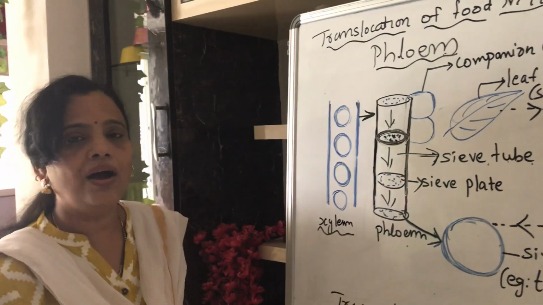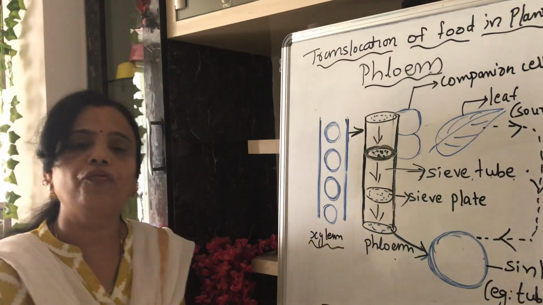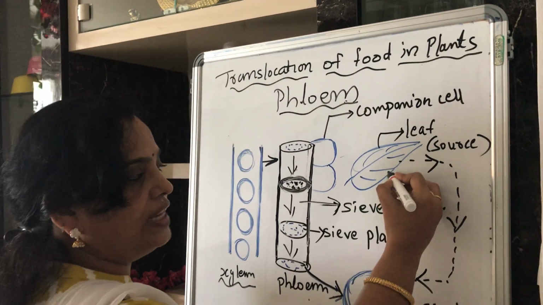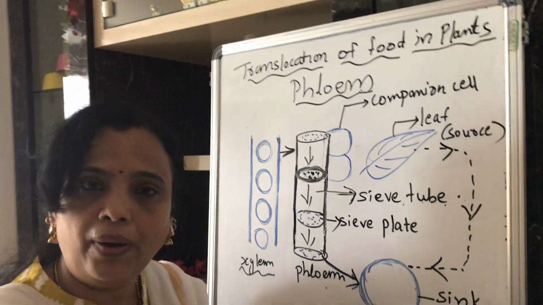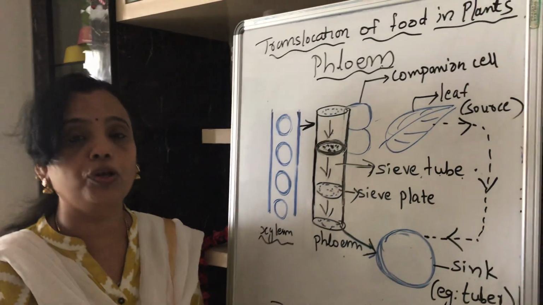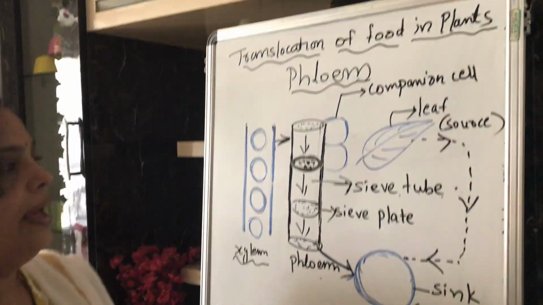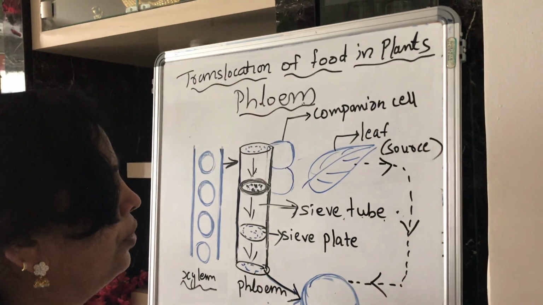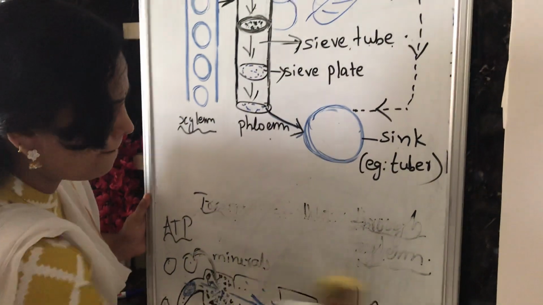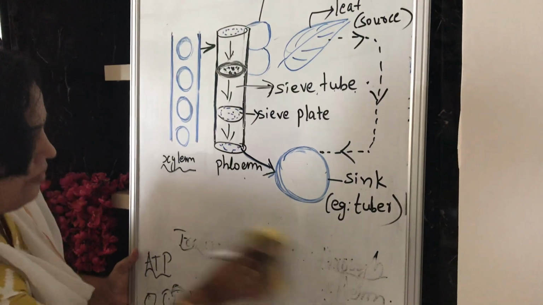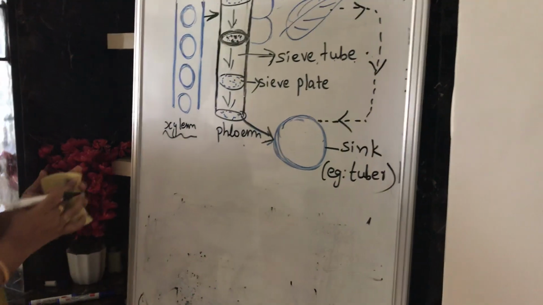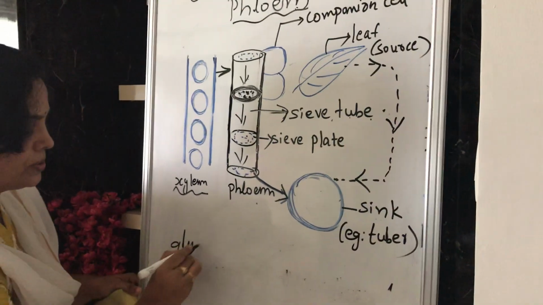And let us see now how the translocation of food will take place. Now you know that the leaf is the part of the plant which will perform photosynthesis and produce food. When it produces food, you all know the plants produce food in the form of glucose.